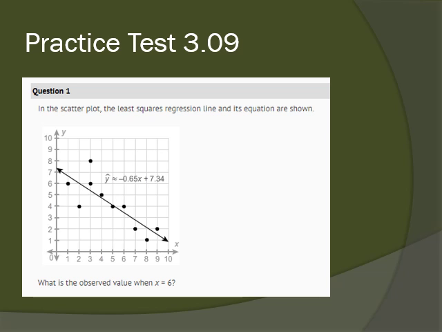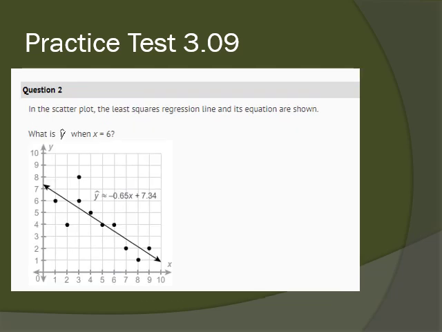Another thing to note with these observed values: the points are the observed value. It says when x equals 6, so that's over here, the observed value is the actual point there. The observed value when x equals 6, coming over to the y-axis, would be 4. So observed is the point itself. And then y hat, that's the line.